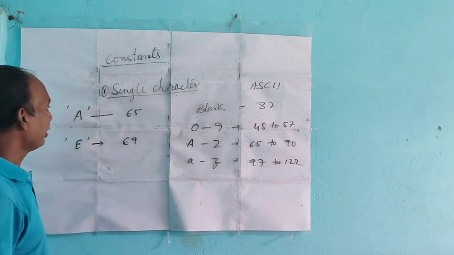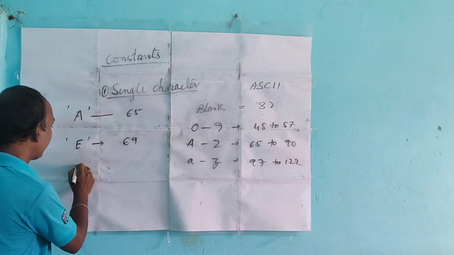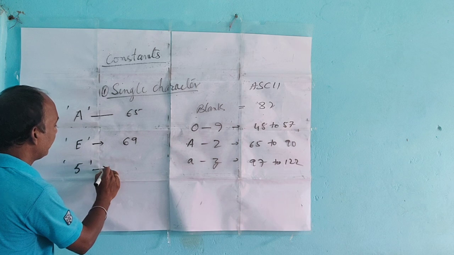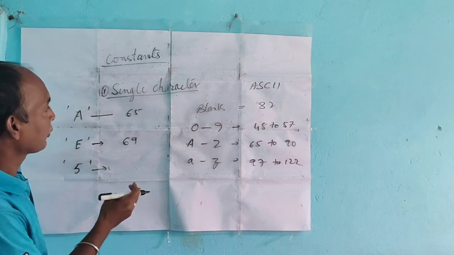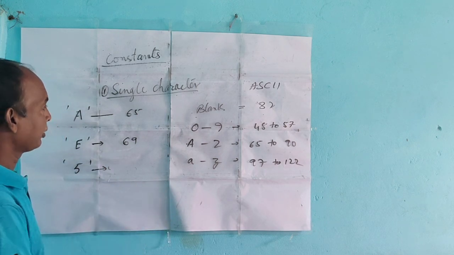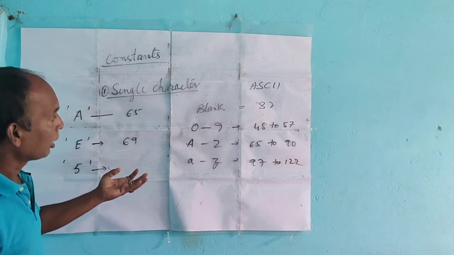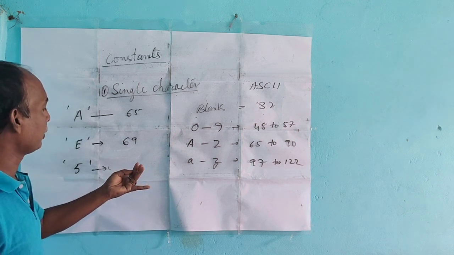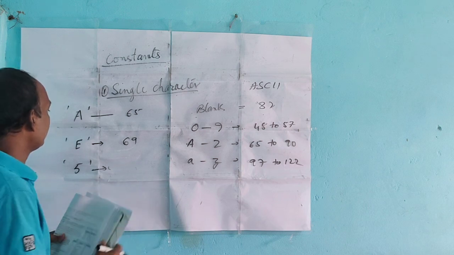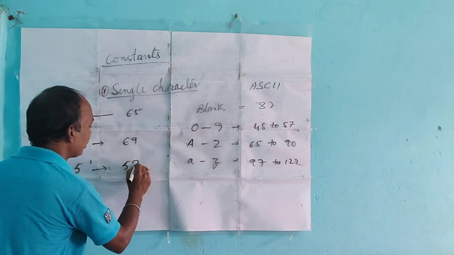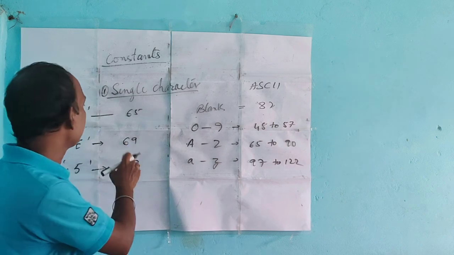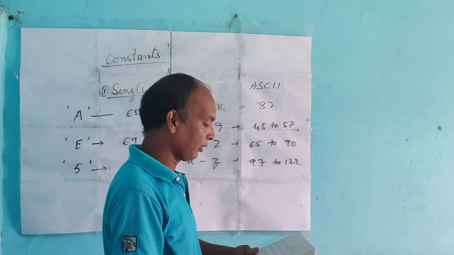If we use 5 under single quote constants, the value of 0 is 48, so 0 is 48, and 1, 2, 3, 4, 5 is 49, 50, 51, 52, 53. You will get the value 53. So here the values of the ASCII code are given.